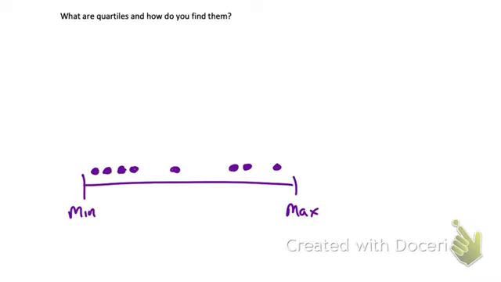So I'm going to come inward. And so my median is here in between those two. So here's my median. Then I would find the median of my lower half. There's my Q1. I would find the median of my upper half.